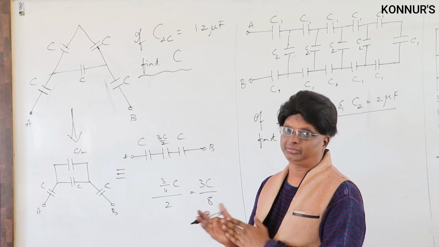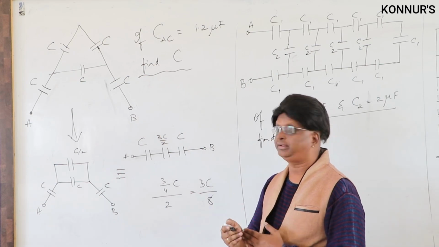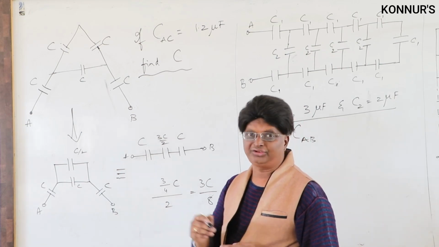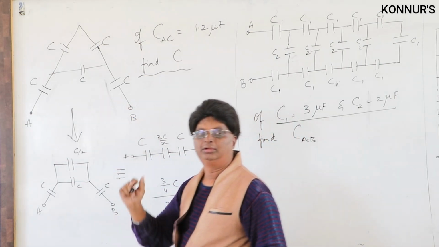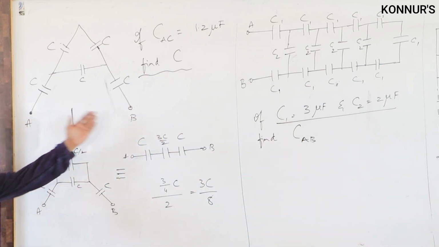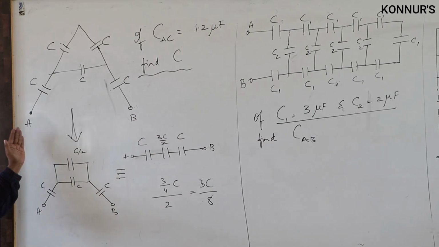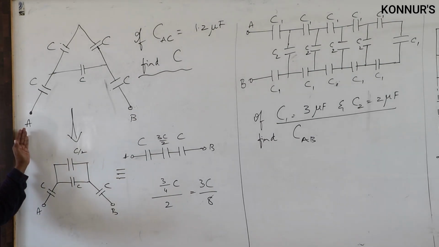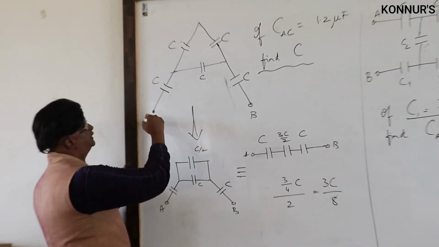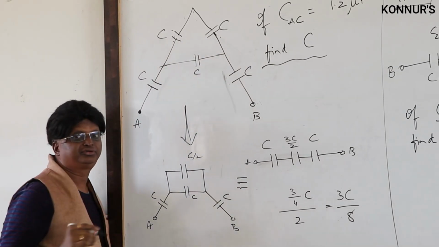Next example also, network of capacitors. Here I have shown 5 identical capacitors, each of C. They are arranged in the form of the English alphabet A. Find the effective capacity across the open terminals A and B. Once again, when you are finding the effective capacity between the open terminals, follow the open terminals from A to B. You will observe that these topmost capacitors C and C have no division of charge, no splitting of charge.